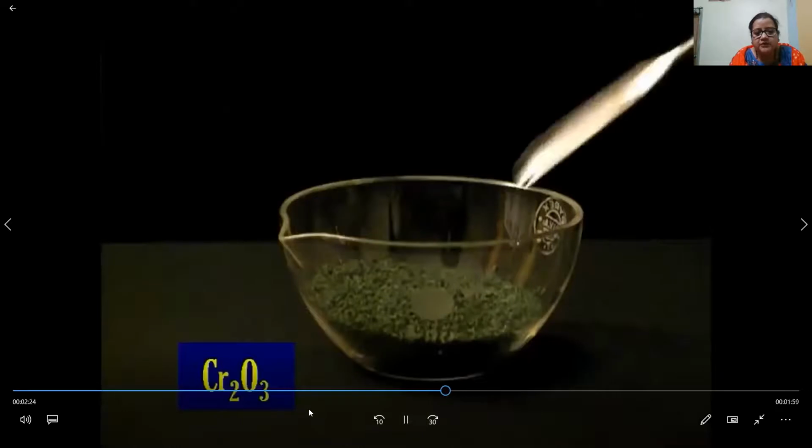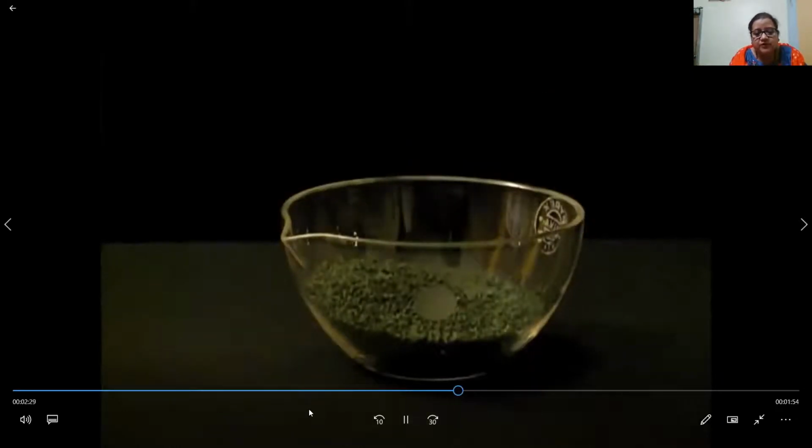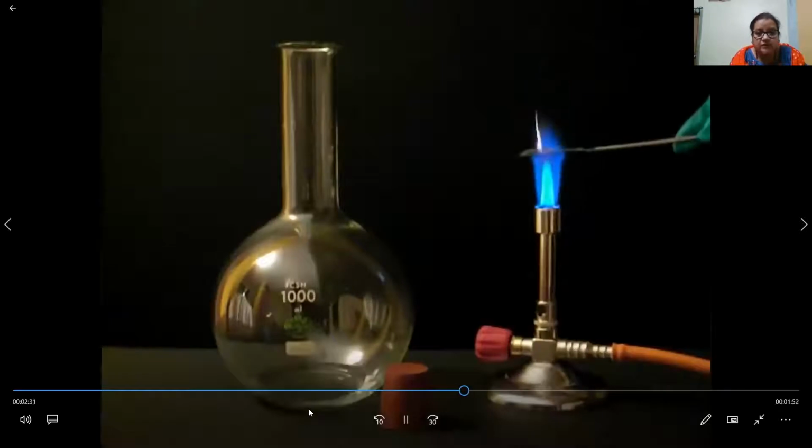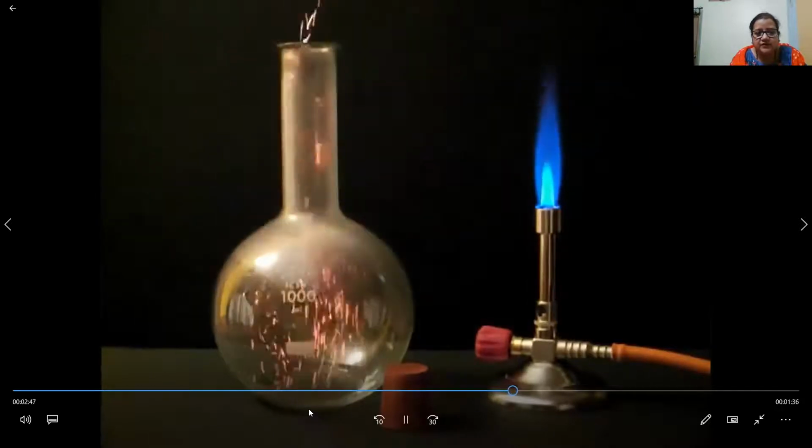This chromium oxide can be obtained how? By decomposition, by dry heating of ammonium dichromate. That is a voluminous residue, not precipitate, residue, which forms in a very highly exothermic reaction. And with the light, see, these are the kind of fireflies.